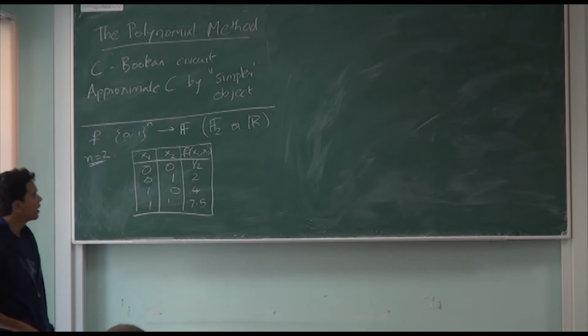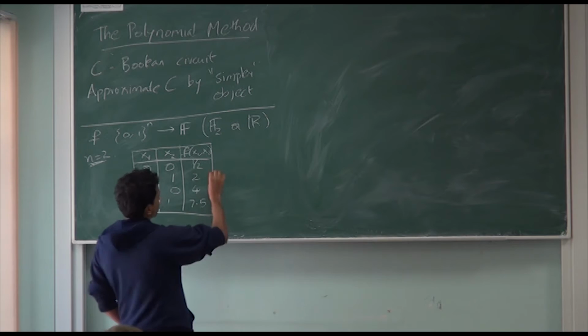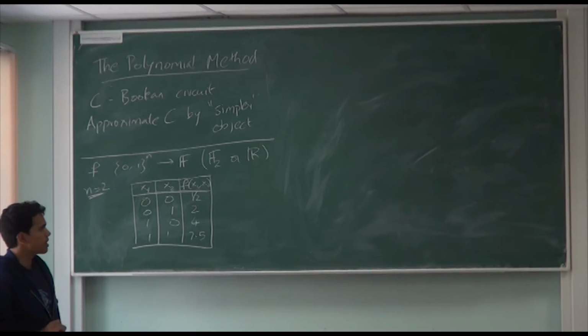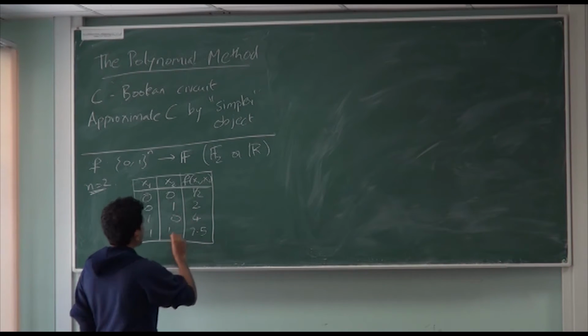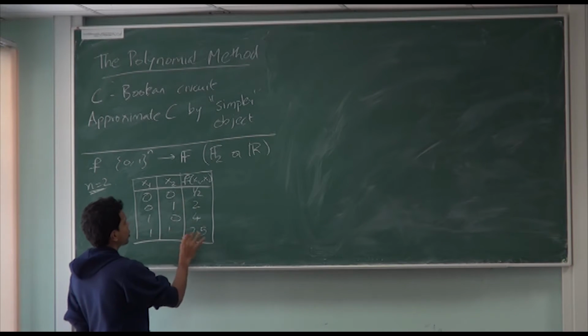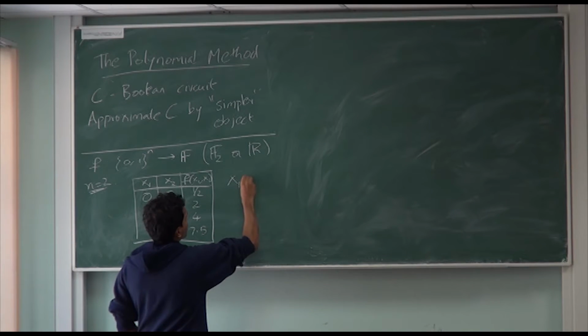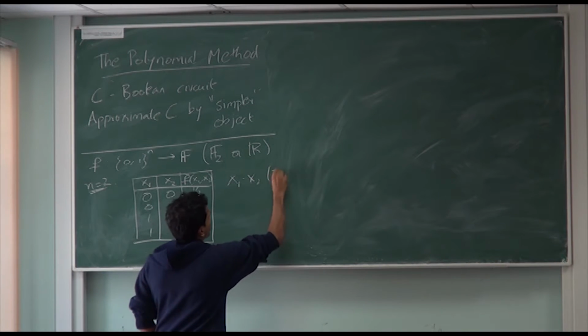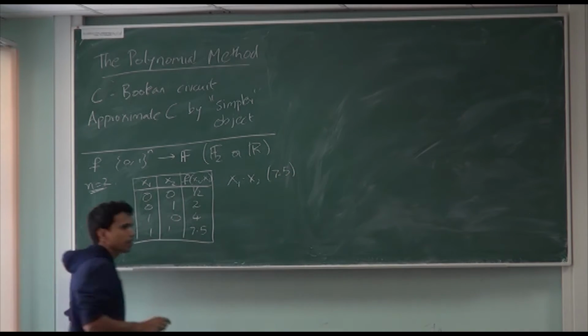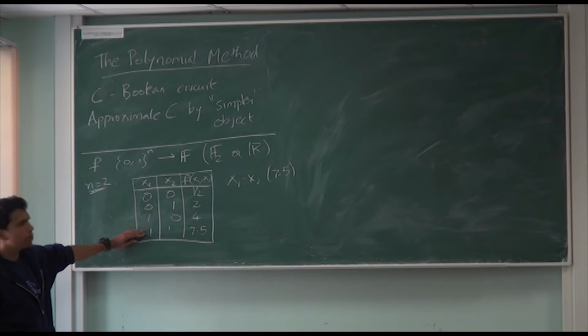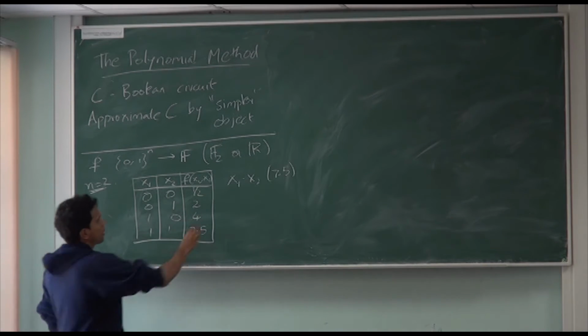And how do we write this as a multilinear polynomial? Well, we saw already yesterday. For each of these inputs, we introduce a specific multilinear term. For example, if I want my function to evaluate to 7.5 on input 1, 1, then what I want is x1 times x2 times the value 7.5. Now this multilinear polynomial is going to evaluate to 7.5 on this input and 0 everywhere else.